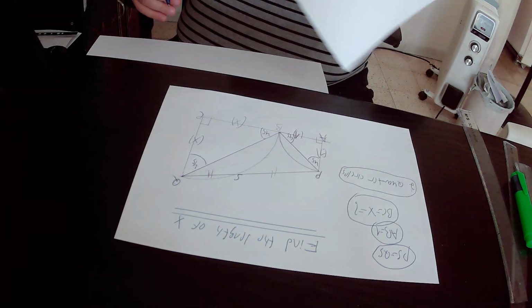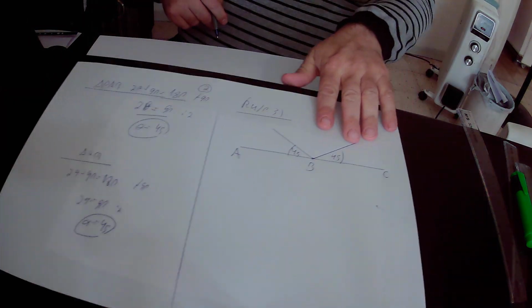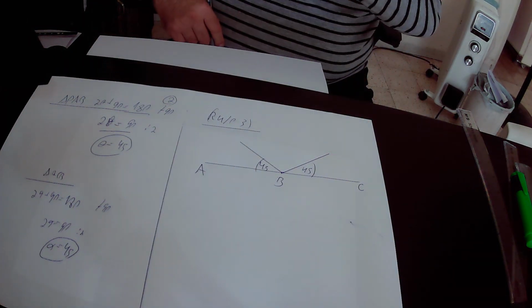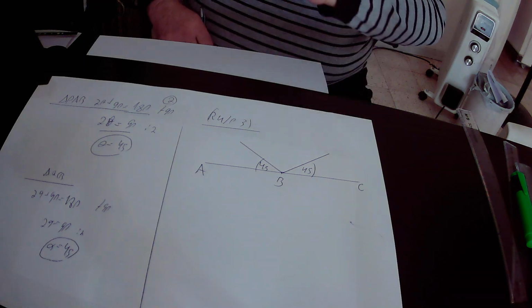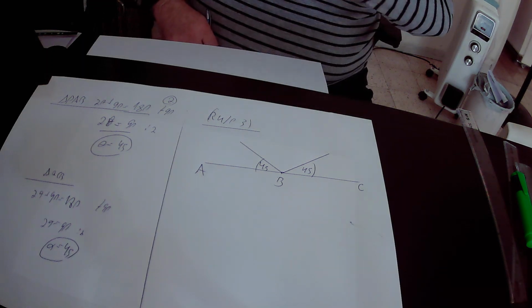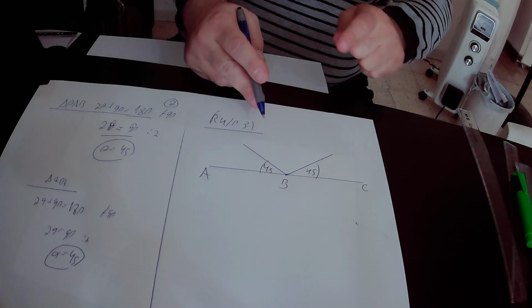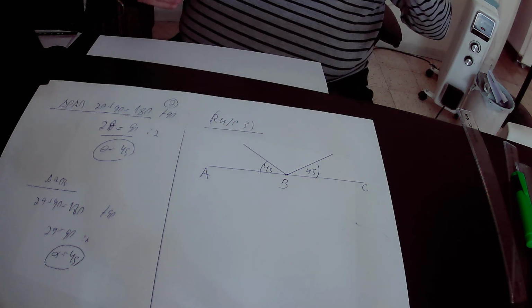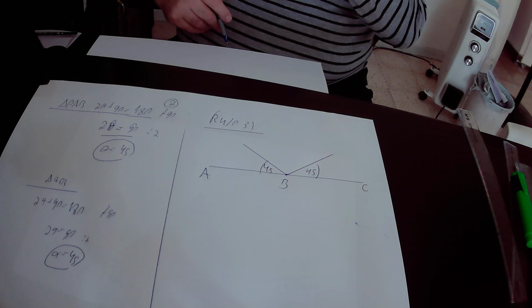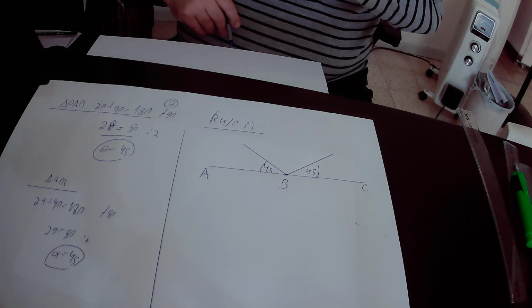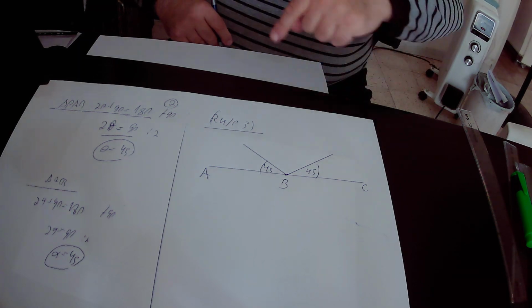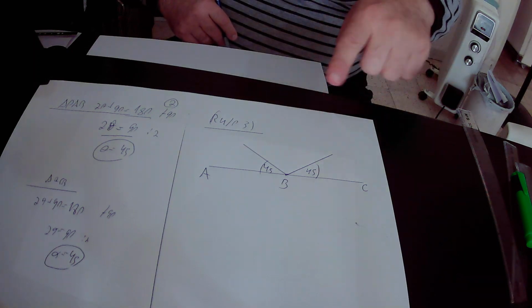So actually, this is the straight line AC. There's a curve from the original drawing. This is point B. So if you focus on the upper side of the straight line AC at point B, here the sum of the angles must be equal to 180 degrees according to rule number 3. So which angles do we have at the upper side of AC at point B?